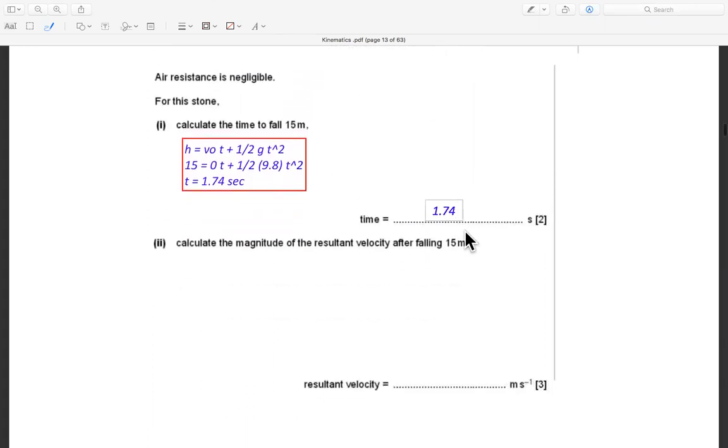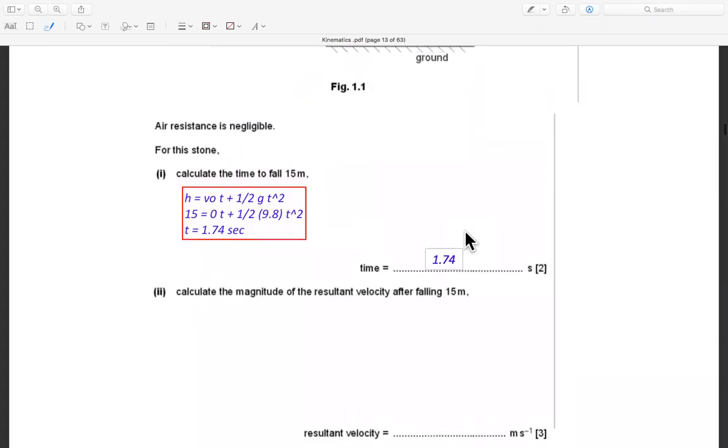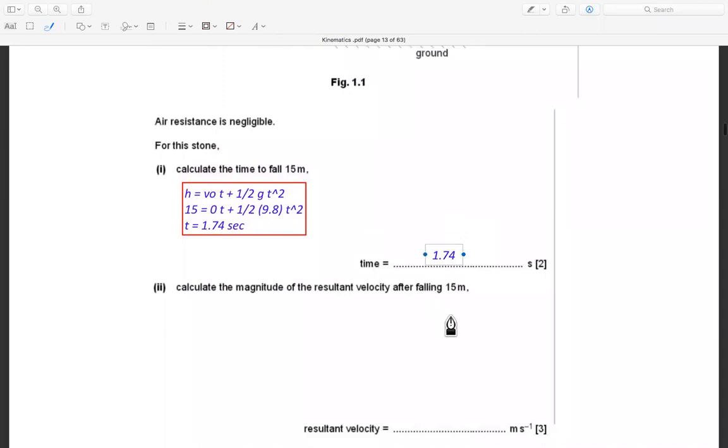I continue with the resultant velocity. Calculate the magnitude of the resultant velocity after falling 15 meter. Now we find v in the vertical direction, which we call vy. Vy equals vo plus gt.